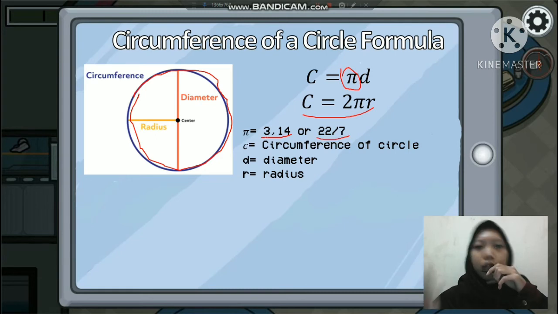What is the difference between 3.14 and 22 divided by 7? We use 3.14 if the radius or diameter is not 7.